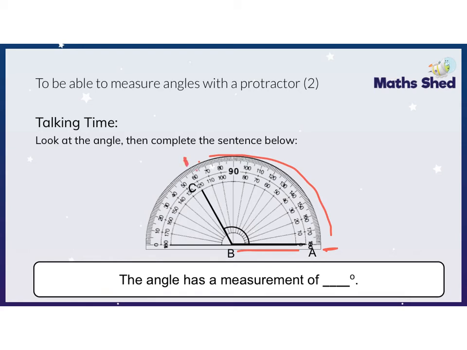Now it's not 60, that's the outer scale. It is pointing to 120 degrees. So be very careful about that. Think about which scale you're using, the inner or the outer. So it's 120 degrees, it's an obtuse angle.